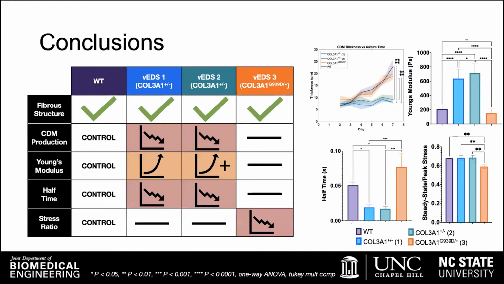Further, when we looked at viscoelastic properties, we saw a decrease in the half-time for the two haploinsufficient lines and a decrease in stress ratio for the dominant negative line, indicating that there are differences in the viscoelastic properties, but that these differ based on the mutation overall.